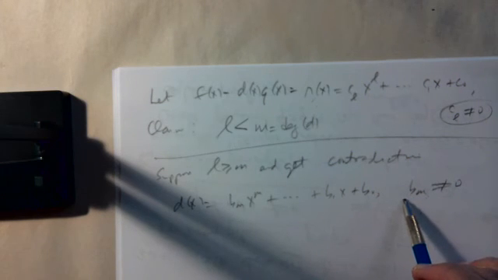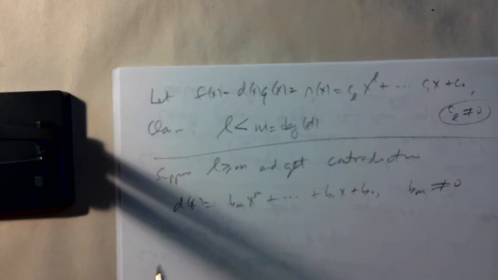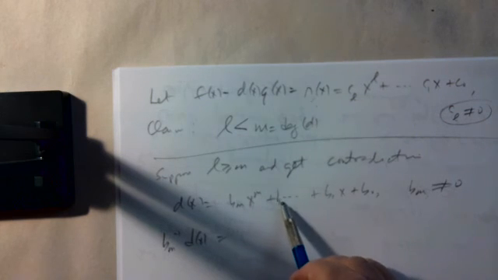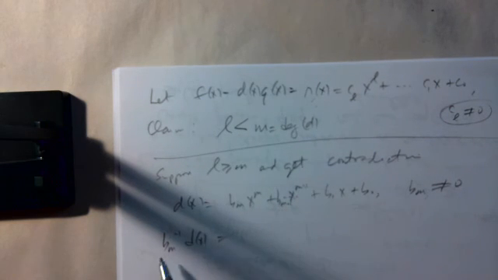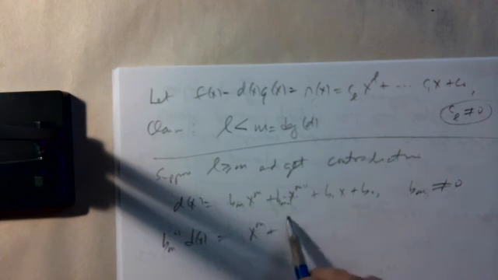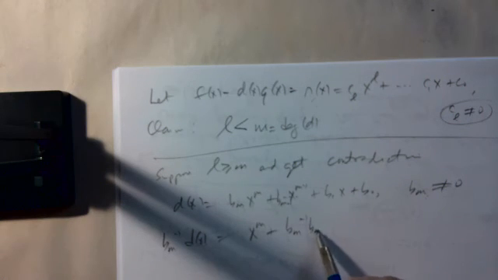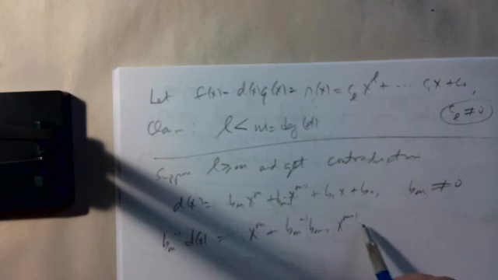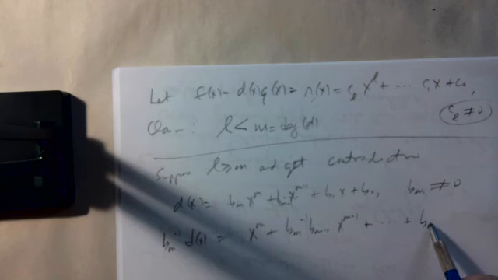So if we look at b sub m inverse d of x, I'm multiplying every term, so the next term is b sub m minus 1 x to the m minus 1. If I'm multiplying by b sub m inverse, the leading coefficient becomes 1, plus b sub m inverse b sub m minus 1 x to the m minus 1, down to b sub m inverse b0. This is a monic polynomial. It is degree x to the m.